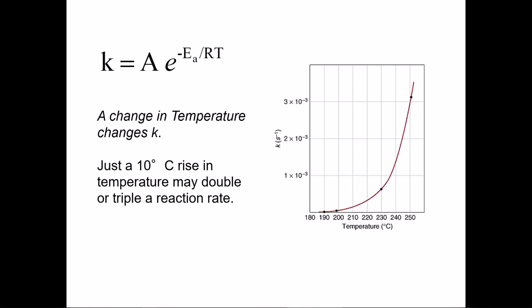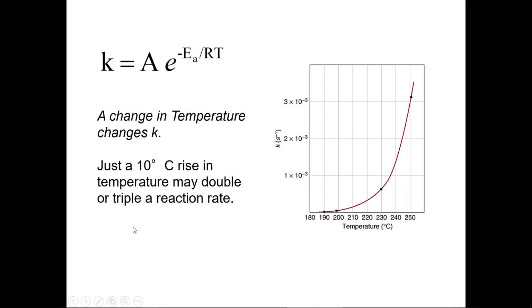And you can tell from the equation that this is an exponential curve. So as temperature increases, our k value increases exponentially based on base e and the activation energy. Since temperature is on the bottom of the fraction of the exponent and there's a negative out front, increasing temperature leads to an increase in k.